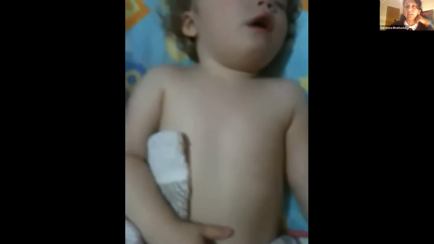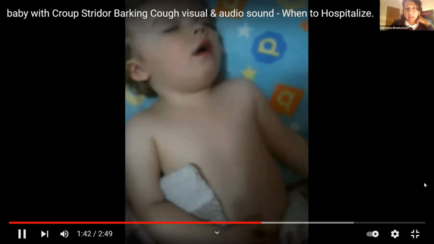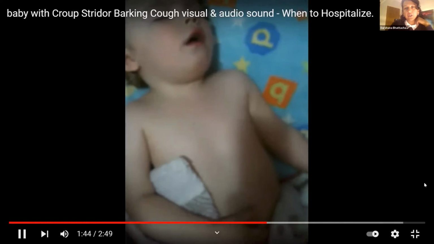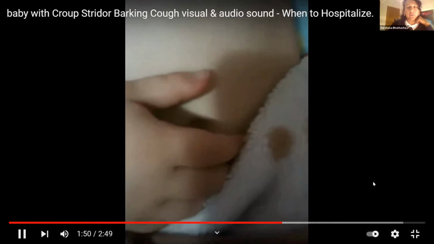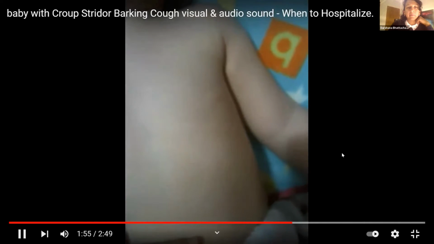You clearly hear stridor, but this child actually has a biphasic stridor. It's quite severe croup. If you look closely, you can see subcostal recession, some sternal recession, and the fact that this child just looks very lethargic, very, very tired and flopped out.